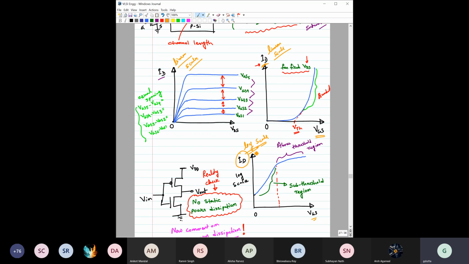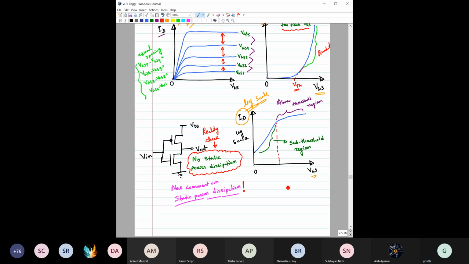So when you plot this ID in log scale, the same characteristics would look something like this. Are you able to follow? Now here, this is the threshold voltage, as you have seen. After threshold, the curve would look something like this in log scale.